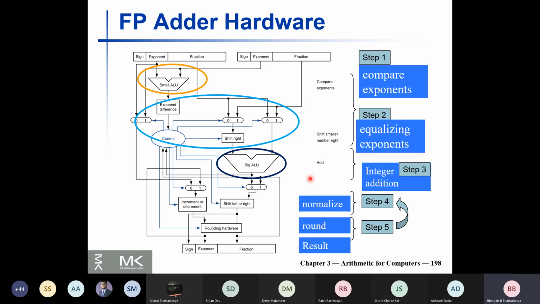But those bits are not visible to the representation. Those are visible to the hardware part only, so those bits are not shown here. So when you do shift left and shift right, those bits play an important role there. Since the overall diagram is too complicated, that's why it is not shown here.